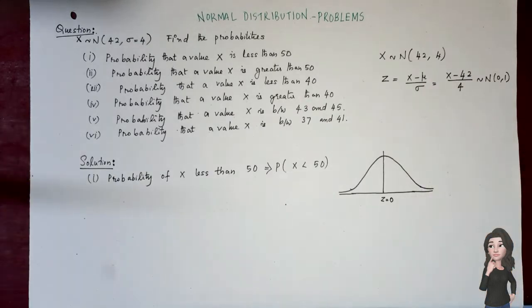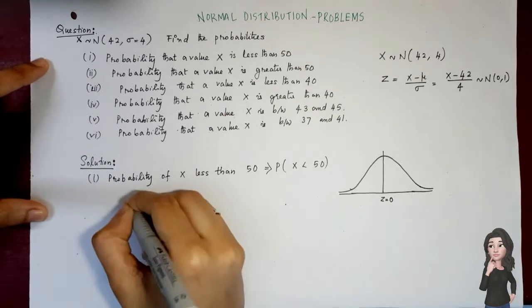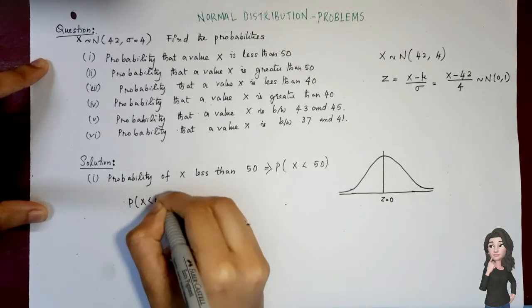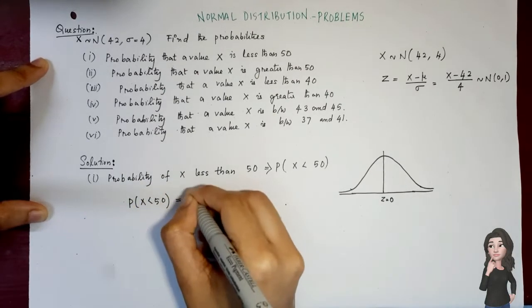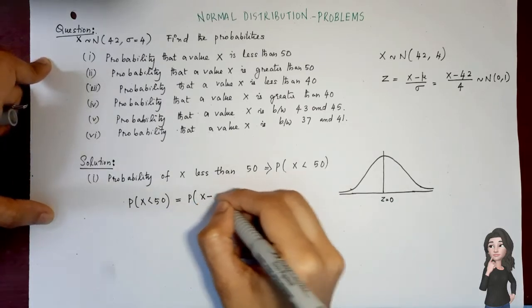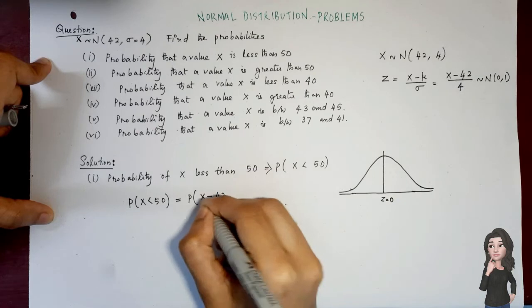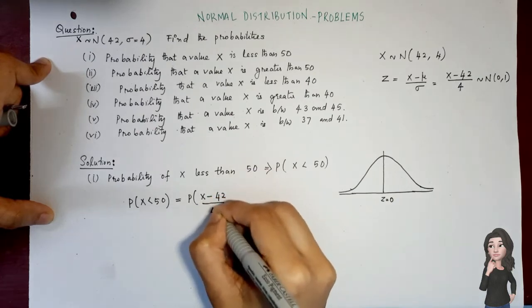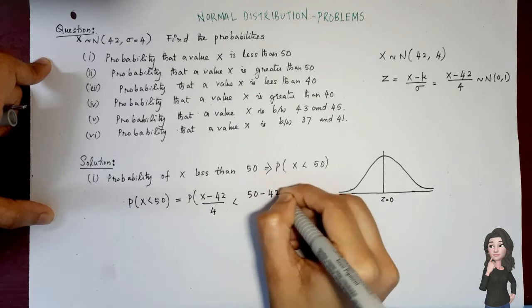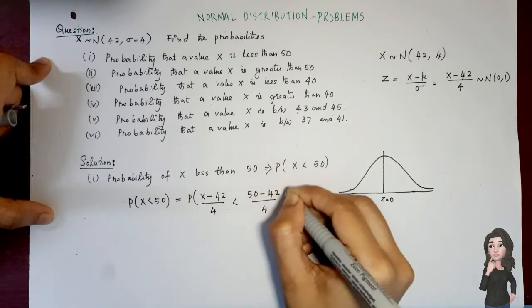So, we know the probability of x less than 50 is equal to the probability of (x minus 42) divided by 4 less than (50 minus 42) divided by 4.